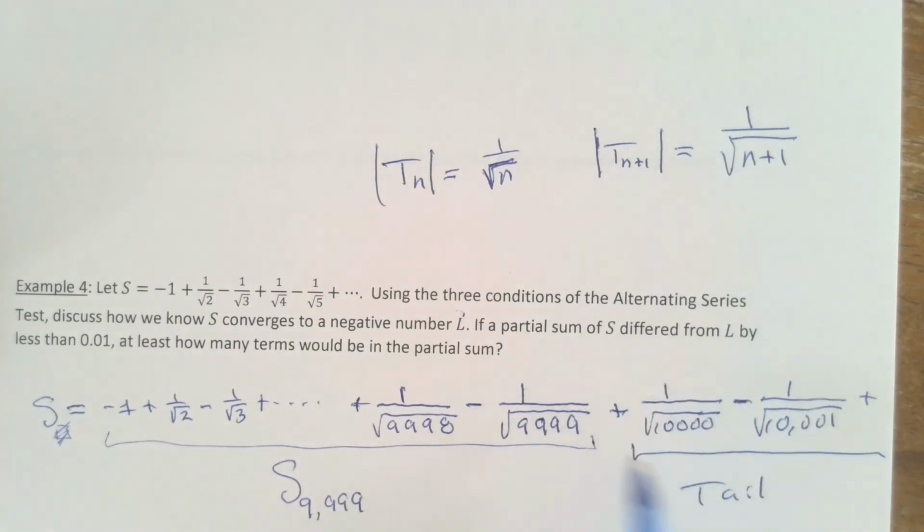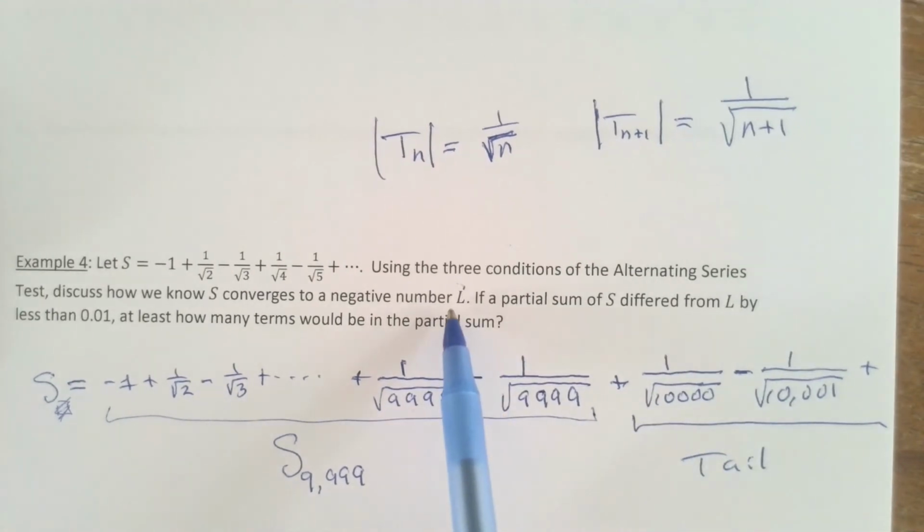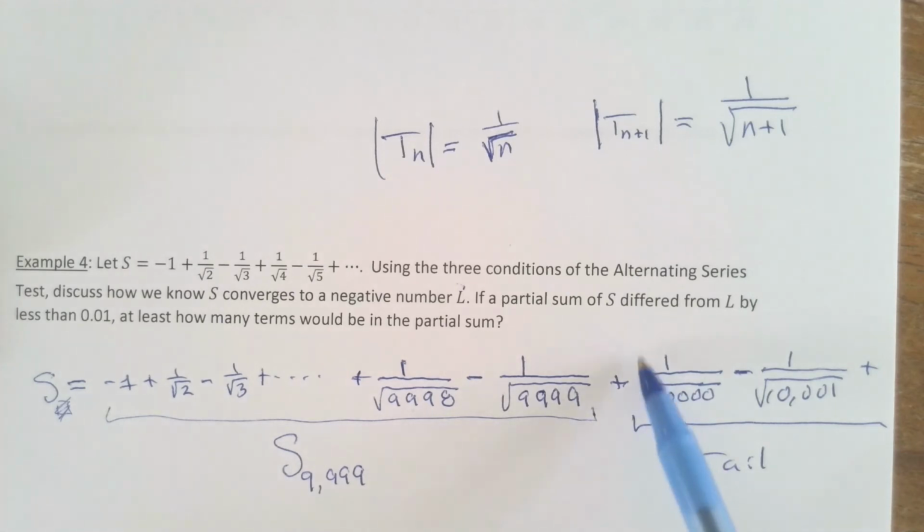Well, if you don't count all the terms in the tail, then you're never really going to get to this limit L. So there's error in saying that this is the eventual limit. But how bad is that error? It's equal to the value of the tail. And the tail adds up to something closer to 0 than its first term.